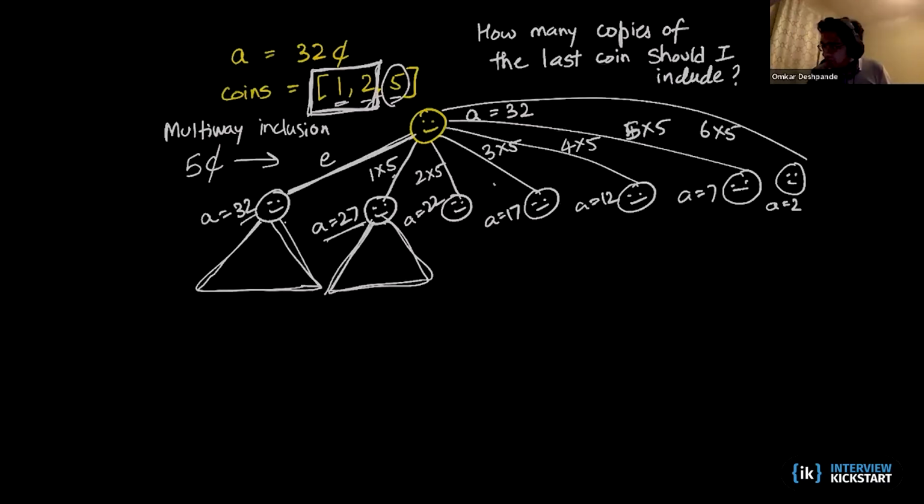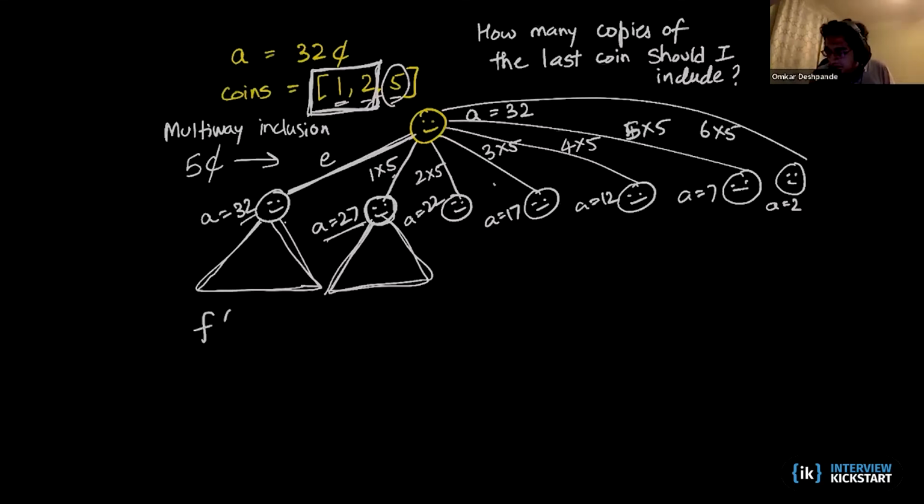So think about what the problem description for an arbitrary worker in this hierarchy is. An arbitrary worker in this hierarchy is being given an amount and also a prefix of the coins array. They're not going to look at all the coins. They're going to look at only a prefix to avoid that duplication.